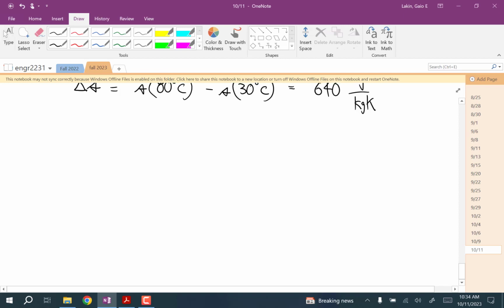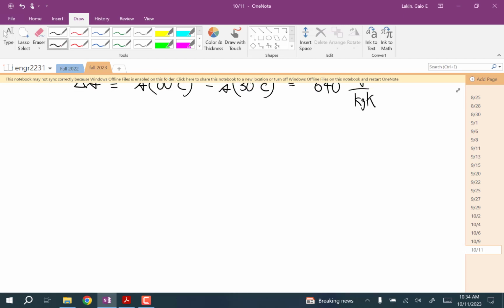Okay. So now we're going to do it for an ideal gas. And what do we know about ideal gases? We know the ideal gas law holds, where this R is specific to that gas.